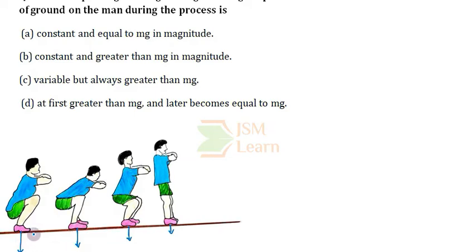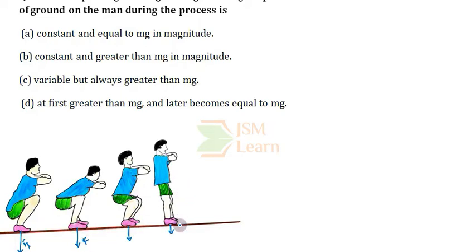Here you can see that when the man is getting up from the squatting position, he applies a variable force, because he applies the larger force here to get up. When he is in this position, he applies a force which is less than this larger force. In this position, the force he applies through his shoes on the ground is also less than the previous one.